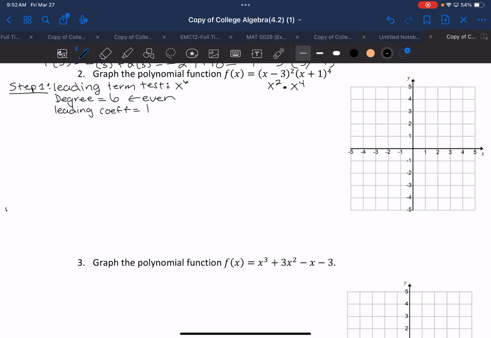They're either both going up or both going down at the ends. And because the leading coefficient is positive, they would both be pointing up. They're happy, they're positive, they're smiling, they're even. So my end behavior looks like this at the ends.